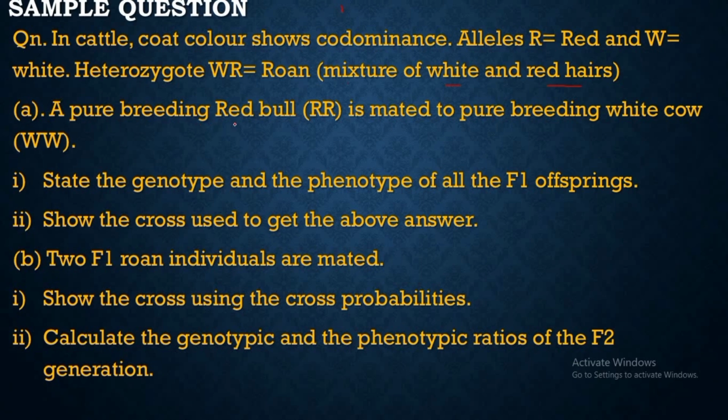A pure breeding red bull is mated to a pure breeding white cow. State the genotype and the phenotype of all the F1 offspring. Show the cross used to get the above answer.